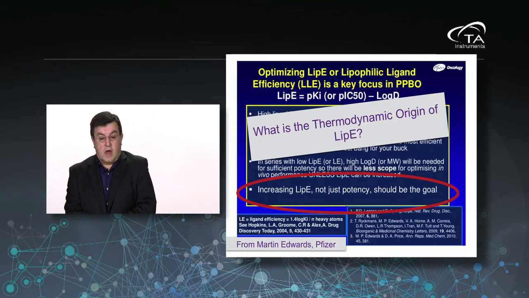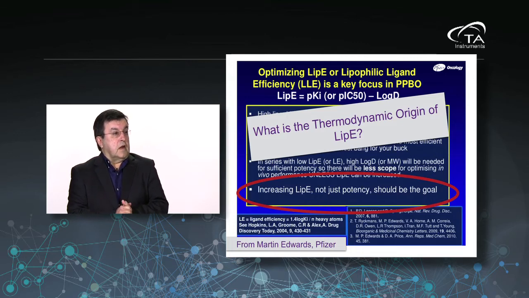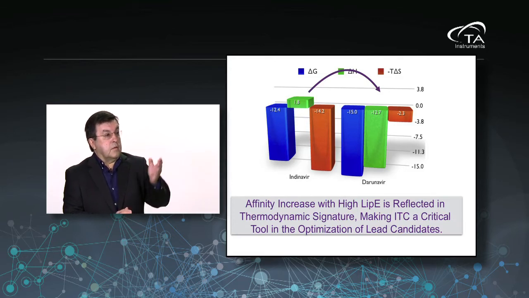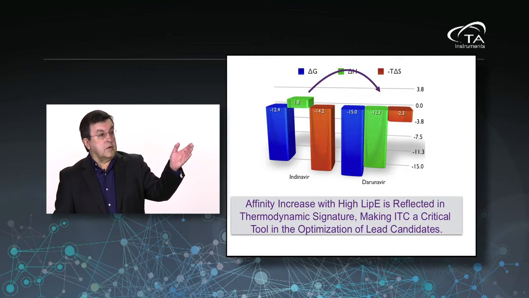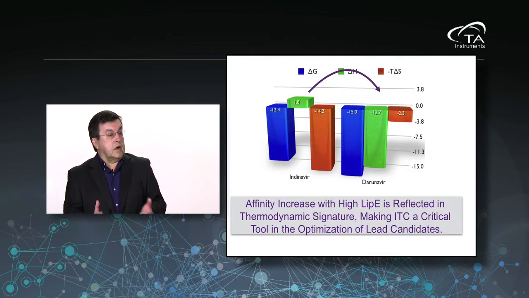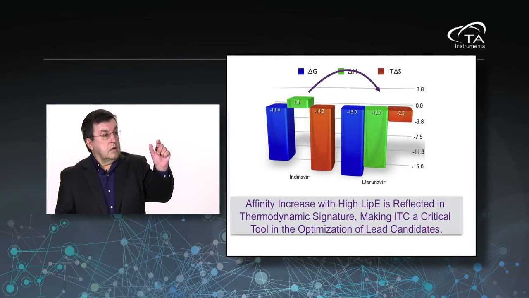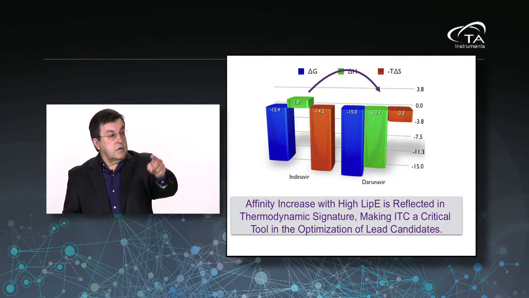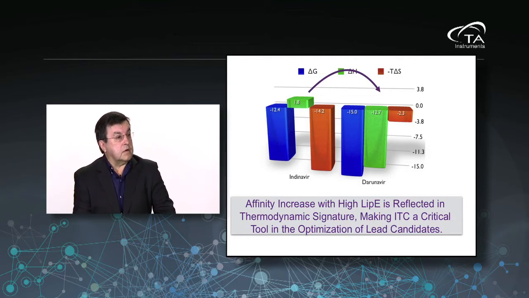So with that in hand, we can ask ourselves again, what is the thermodynamic origin of LipE? So for example, when we go from indinavir to darunavir, one of the original HIV protease inhibitors to the latest one, in which the enthalpic-entropic character changes completely, we can make the assessment that in going from a non-enthalpic to an enthalpic compound, we are in fact increasing the LipE of the compounds.